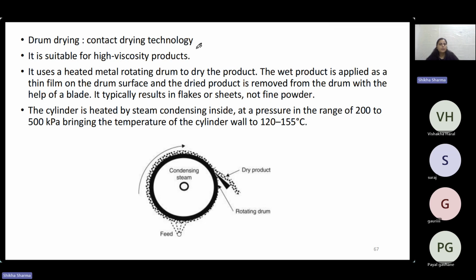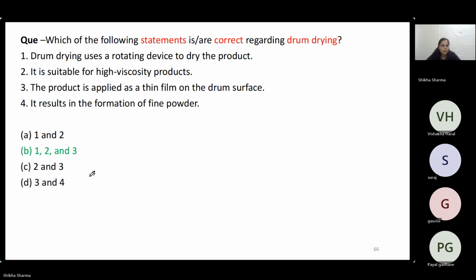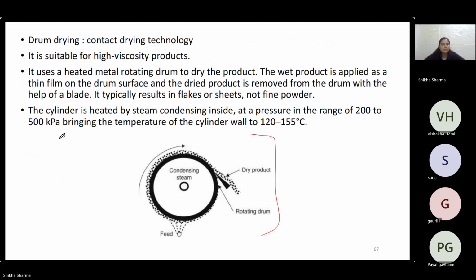So what happens in drum drying is this kind of technology. Answer B is correct. 1, 2, and 3 are correct. So drum drying is a contact drying method. High viscosity products will be suitable, and there will be this metal drum which is heated because there is condensed steam inside, and the product will be on the outside, being dried.